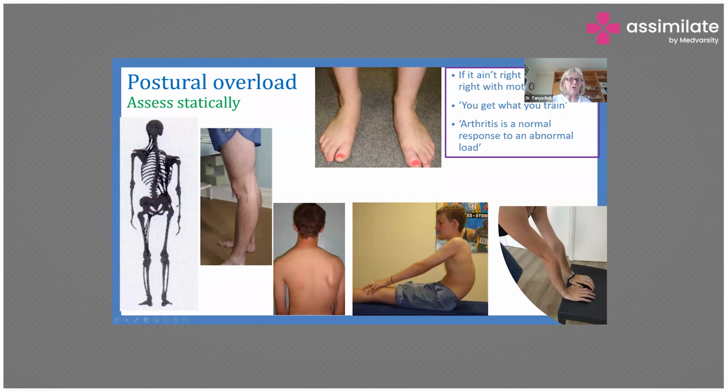And you can imagine, just looking at this malalignment, that if you were just to treat the site of the pain, you'd be missing the source of the problem. One of the first things you might have to do is various treatment techniques and rehabilitation to level up the iliac crests to offload all these structures.